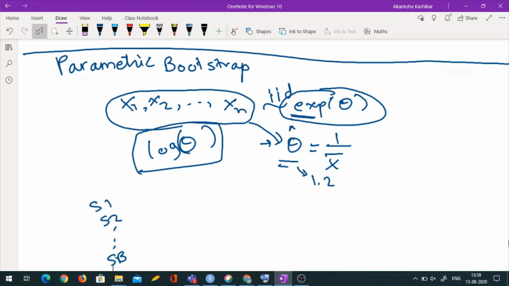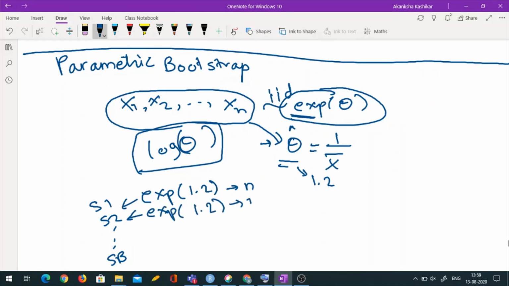But now, instead of drawing samples with replacement from the data, I will take one sample of size n from exponential 1.2, which I'll call sample 1. Then I'll get another sample of size n from exponential 1.2, which will be sample 2, and so on. I will get B samples.